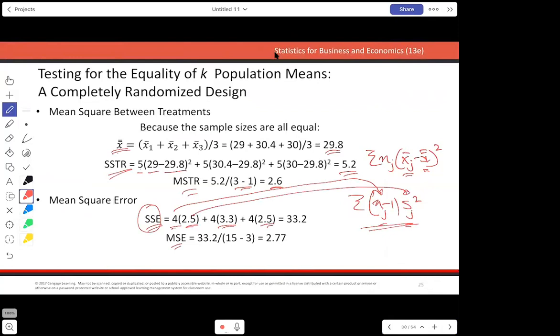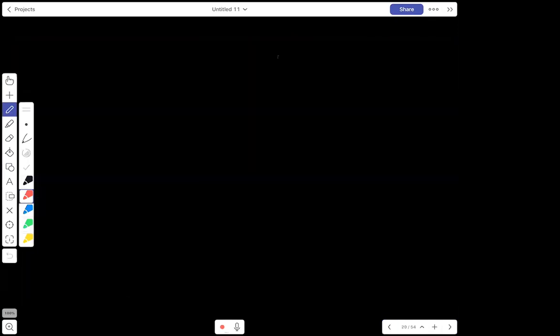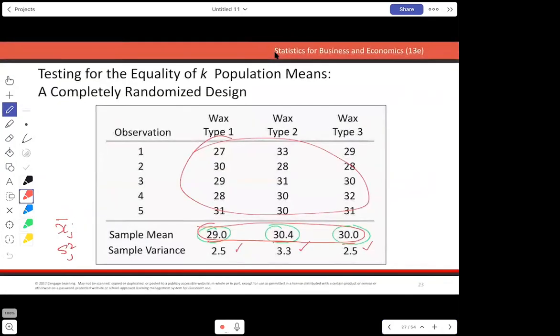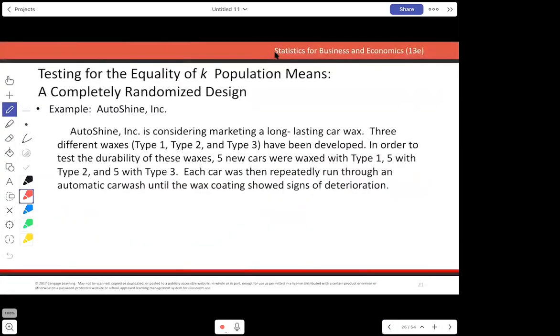So now that we have the SSE, if we divide it by n minus k, so the degrees of freedom in this case is nt minus k. The notes are in your text, and I believe we passed it earlier. We passed that information earlier.